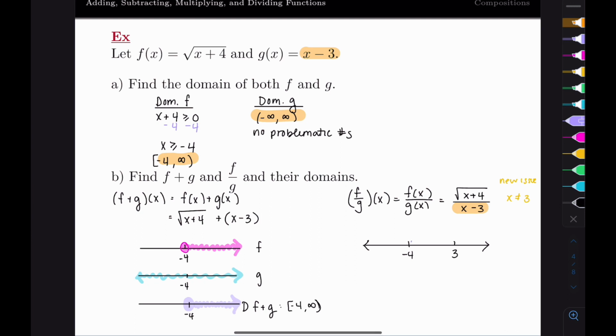So we are able to equal -4, but I cannot equal 3. So my domain is everything I had before except this exclusion of +3. So in interval notation, this would be -4 to +3, and then 3 to infinity. Okay.